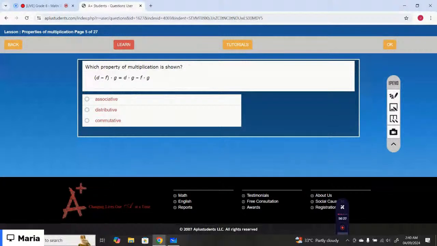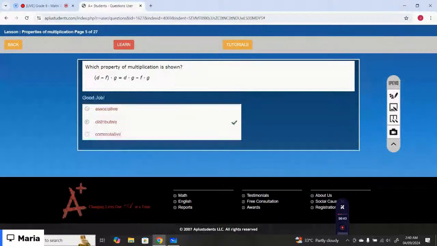The correct option is the distributive property, right? It is because when you have two operations involved, multiplication with addition, or multiplication with subtraction, that is known as the distributive property. Option 2 is the correct option.